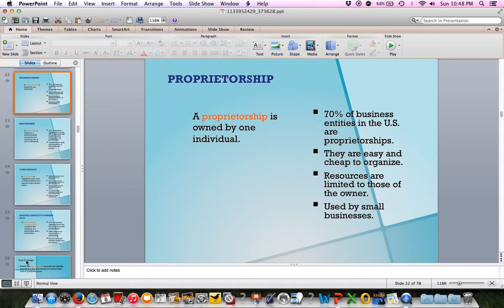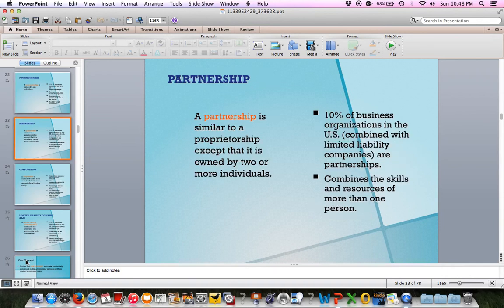So anybody can start one, and typically if you're going to start your own proprietorship, one of the first things you would do is just get a bank account specifically for your business so that you can begin to separate your personal funds from your business funds. Of course, you can also have a partnership, which is just simply two or more people working together to run a business.